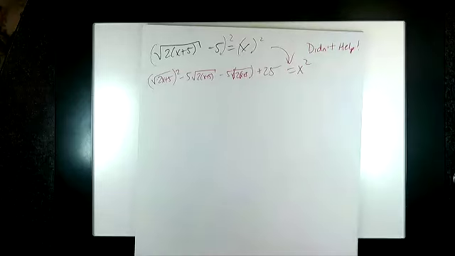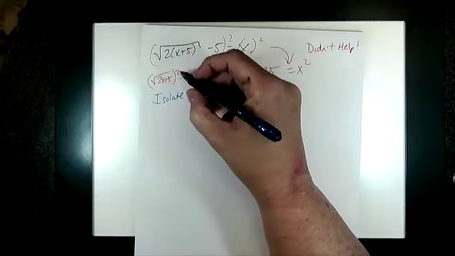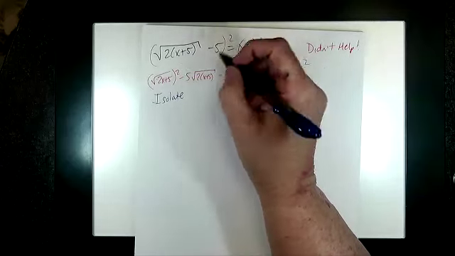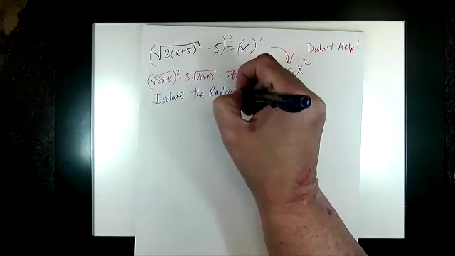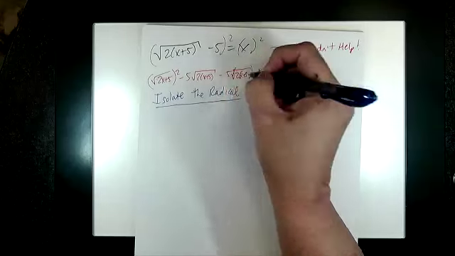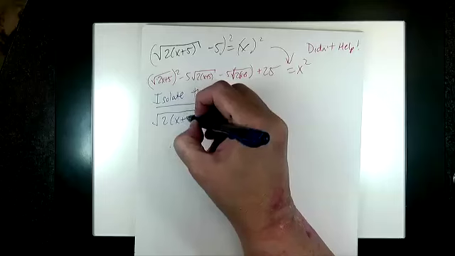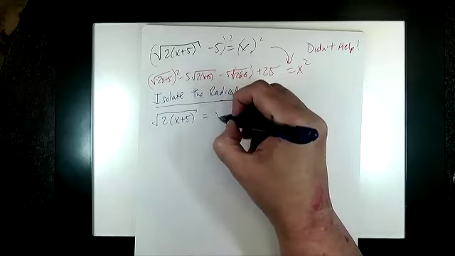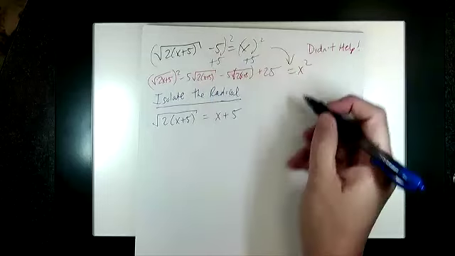So isolate radicals first if you can. You cannot always isolate them, but isolate the radical first. So we will get the radical by itself by adding 5 to both sides.